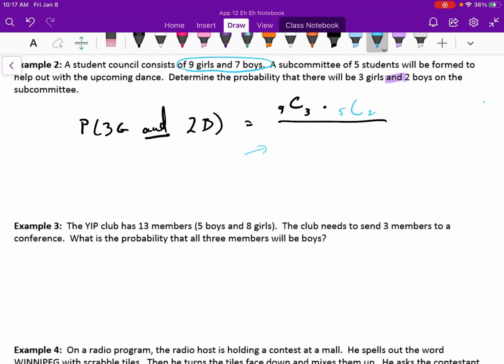If I take a look, there are 13 people. So how many different ways can I choose 5 people from 13? Well, that's 13 choose 5. And what I get here is 504, I'm going to use my calculator for this, obviously, divided by 1,287.